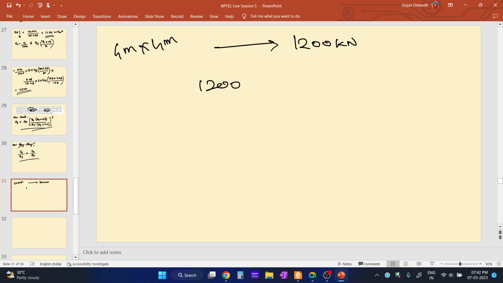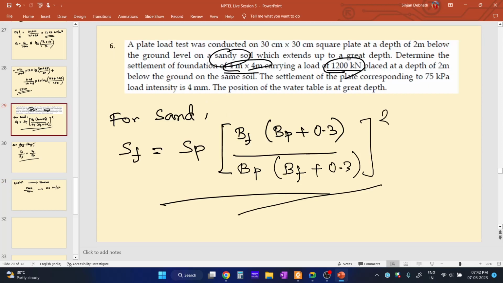It is 1200 by 4 by 4, that is 75 kilonewton per meter square or 75 kPa. And for the 75 kPa, the plate settlement is 4 millimeter. So we have the plate settlement, we know the size of plate, we know the size of footing.